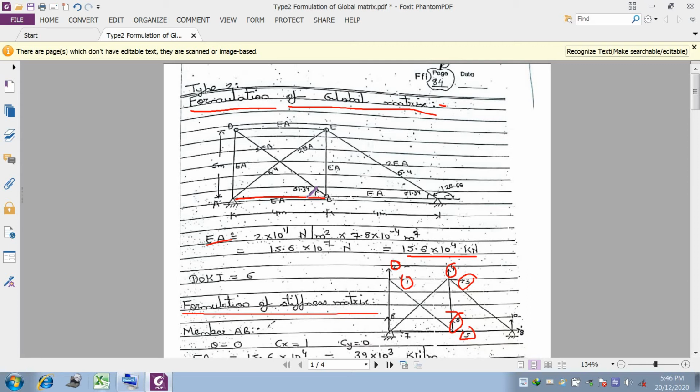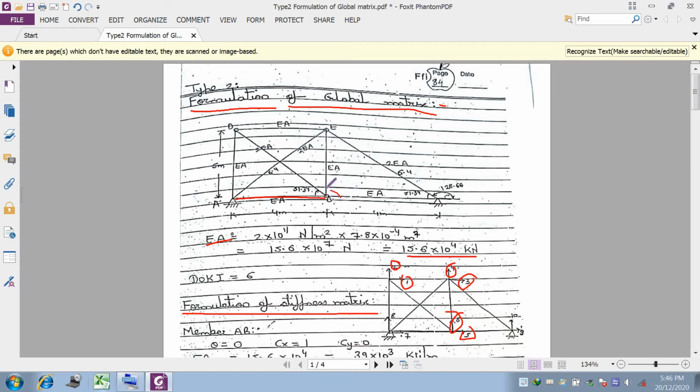One thing I would like to tell you is that many students always commit a mistake in this type of numerical: they directly choose this value of theta for the C and S calculation. Look, you have to consider the angle formed at a particular member from the horizontal axis in the anti-clockwise direction. Although it is given as 51.34, you have to start counting this angle from the left side.